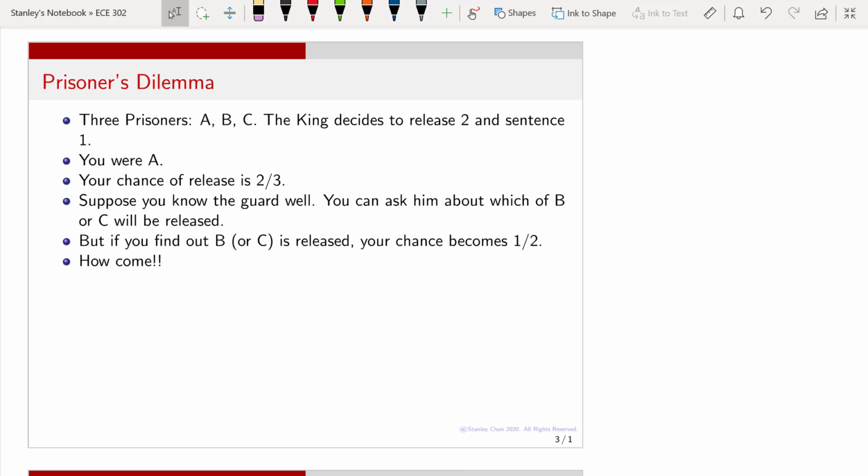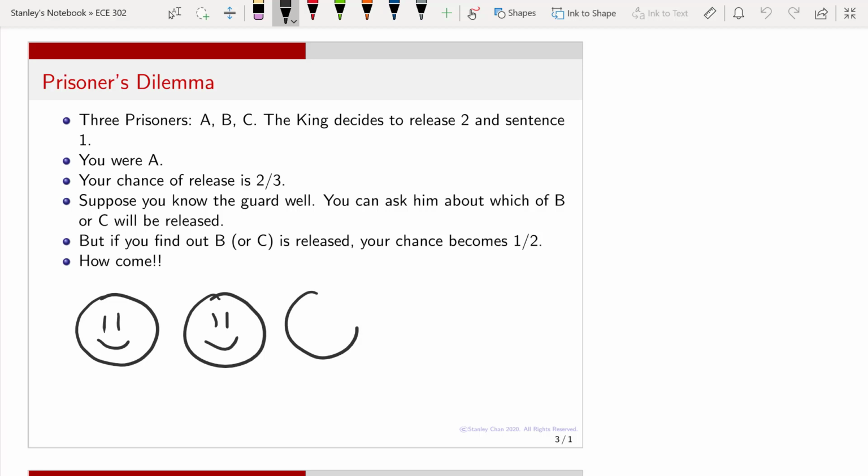So to start with, let me describe the problem. Imagine that there are three prisoners, A, B, and C. Let us draw the three prisoners: prisoner 1, prisoner 2, and prisoner number 3.